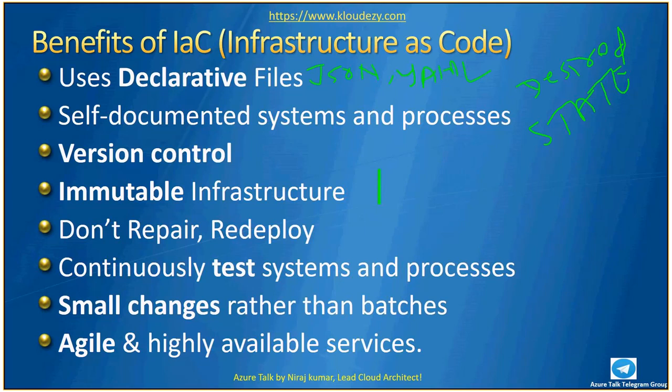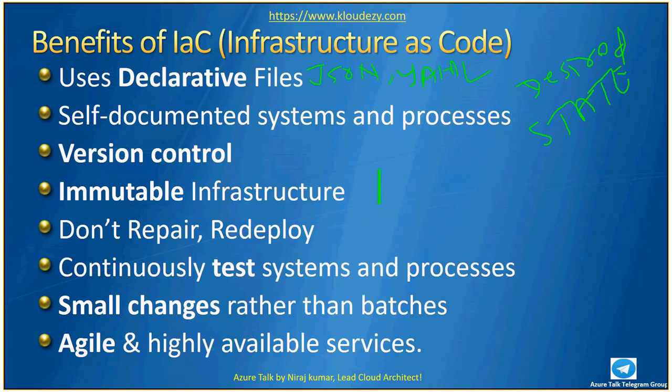So in a nutshell, declarative files make your job easy, whether you are already doing automation or are new to it. If you have already been into automation, where you used to write a long PowerShell script to create a VM in Azure in the classic model, now ARM came and gives you the JSON template where you don't have to write all of it, creating the storage account and then the configuration for the virtual machine and so on.